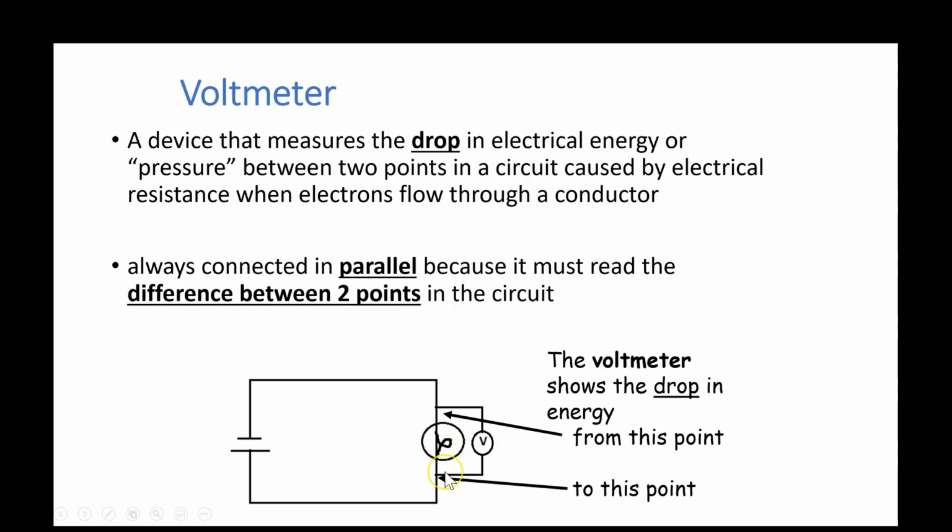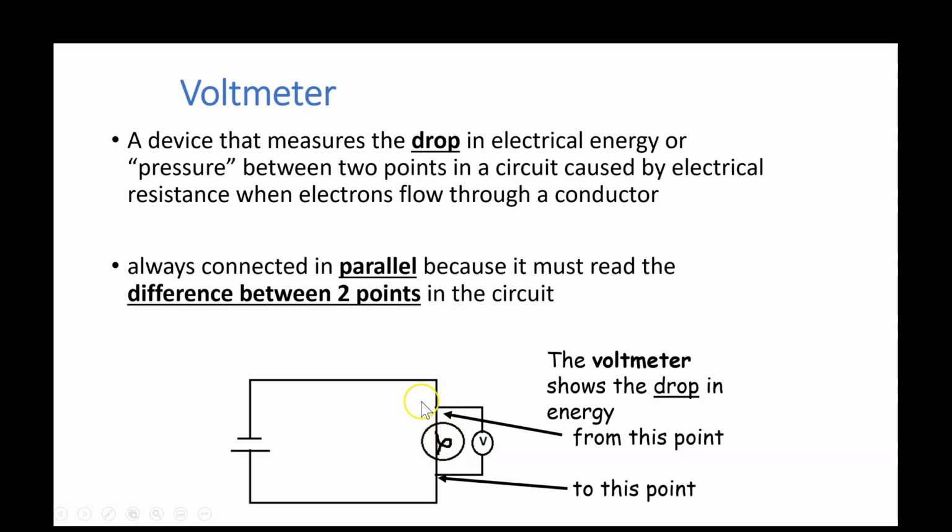There is a difference. We know that there's a difference because as the current moves through this load, it's going to be hindered because the load, the light bulb, is going to reduce the flow. It acts as a resistor, and some of that electrical potential energy is used to light that light bulb.